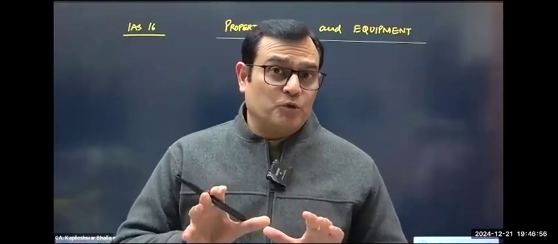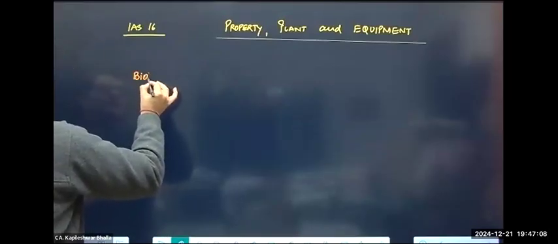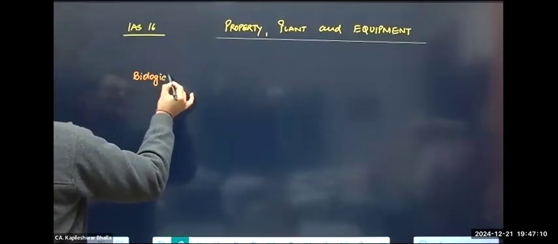Let me first expose you to a very important input. I'm just coming out of this standard and using a term which is given in IS 41. It is called biological assets.